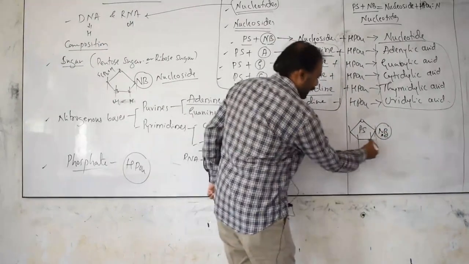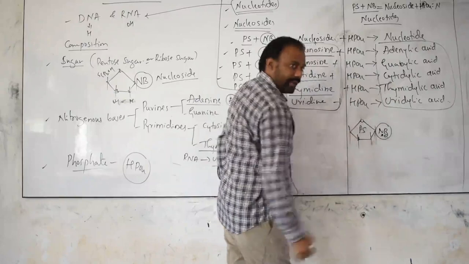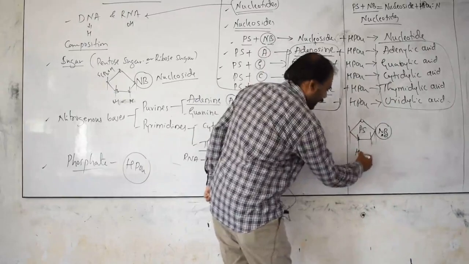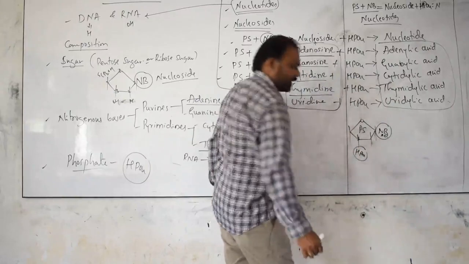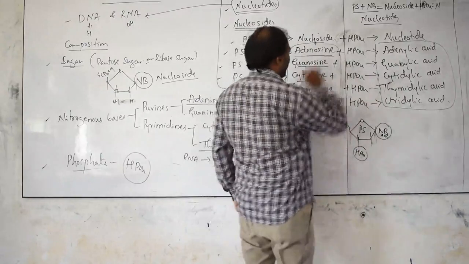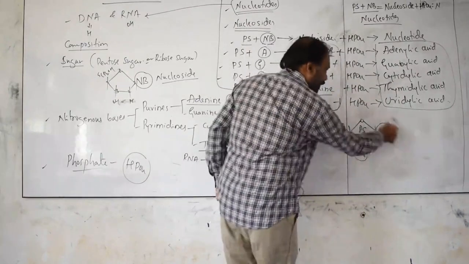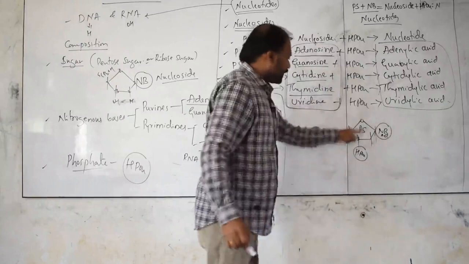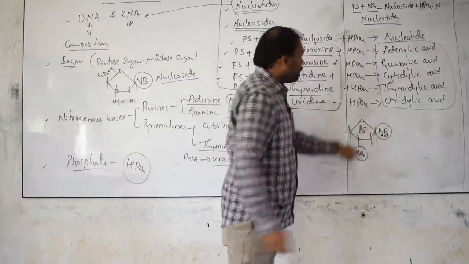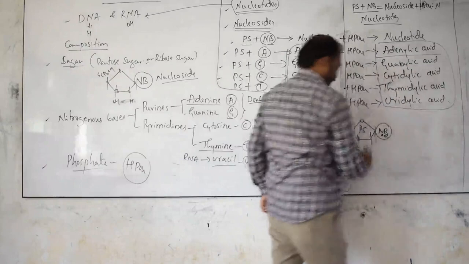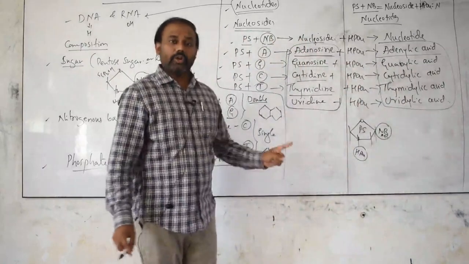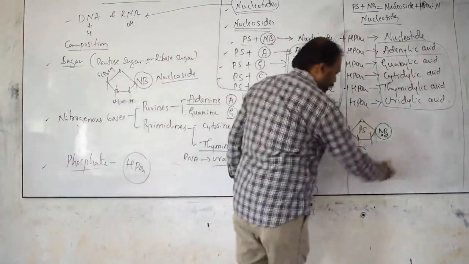At the third carbon atom, I am going to put HPO4, that is phosphoric acid. Now it will become nucleotide. Adenosine plus phosphate becomes adenylic acid, nothing but nucleotide. So this is one nucleotide.